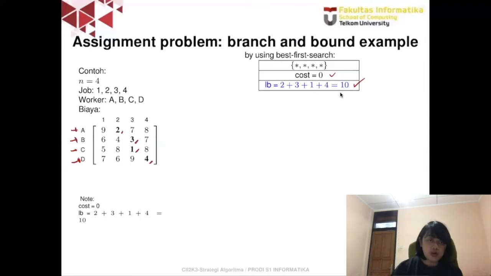So the lower bound will be the sum of them, which is 10.